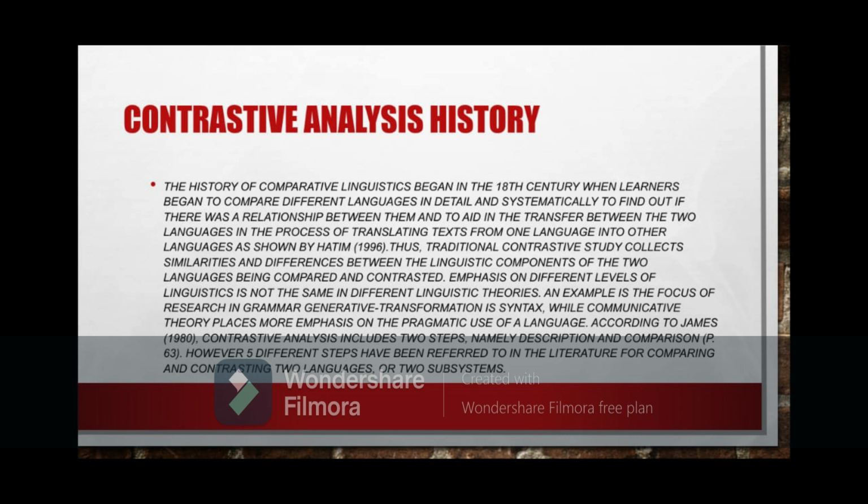Thus traditional contrastive study collects similarities and differences between the linguistic components of two languages being compared and contrasted.